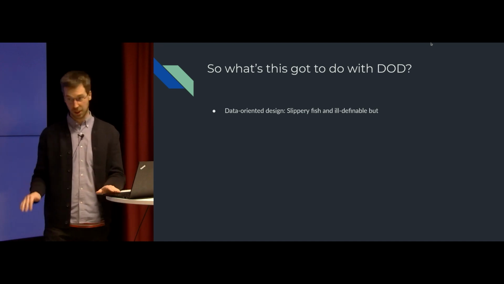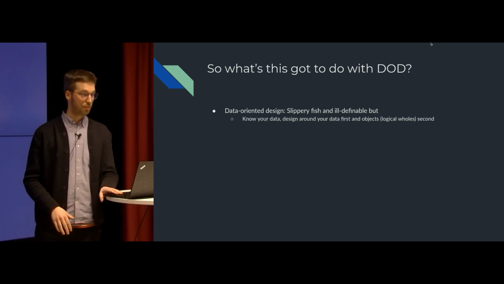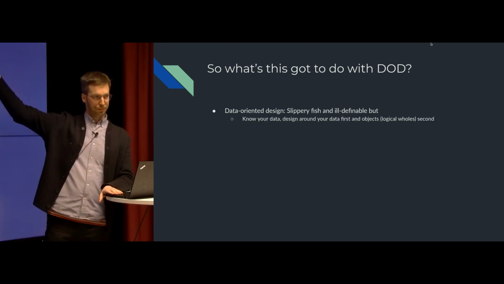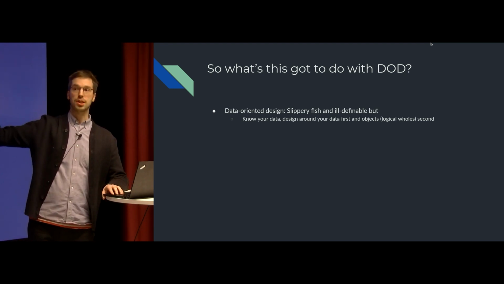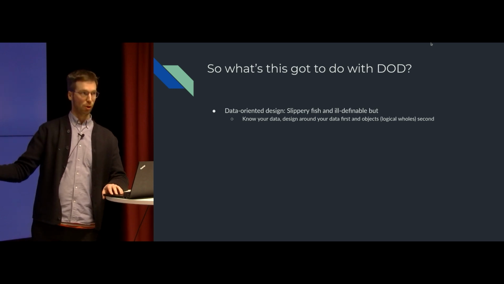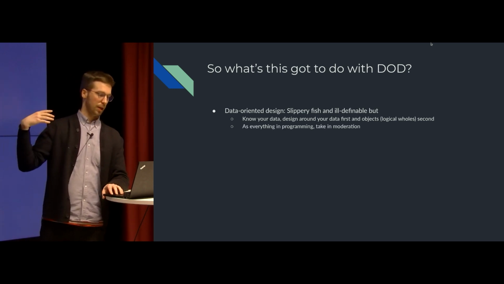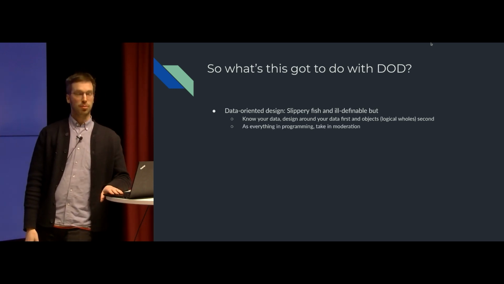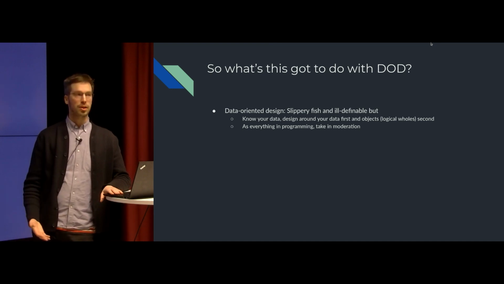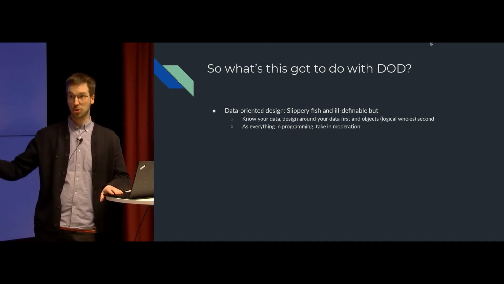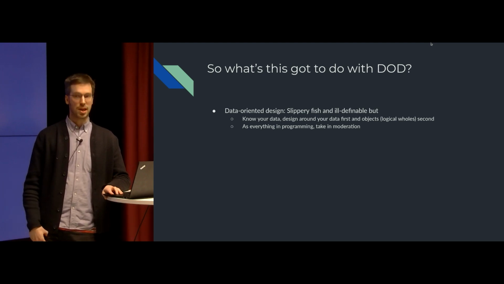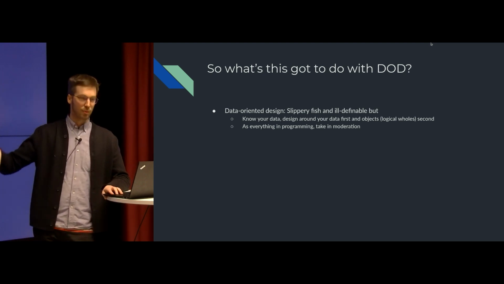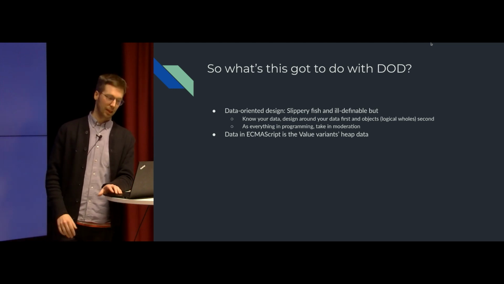But here's my definition for this talk, at least. Know your data. Design around your data first, and only second consider objects or logical wholes. And as with everything in programming, you should take this in moderation. It's probably sometimes a good idea to design around objects first and data second, but I'm not going to take it in moderation.